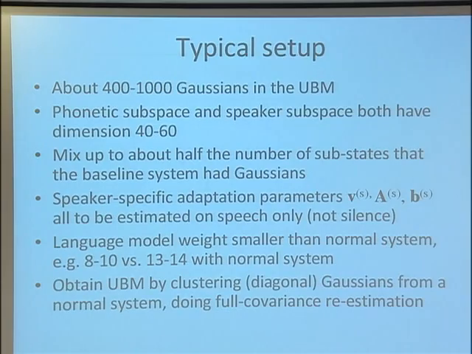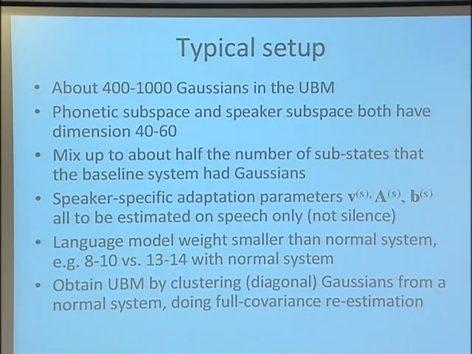That's what I've found and what we found generally to be the best. You'd have about 400 to 1,000 Gaussians in the UBM. That's the number I, the number of Gaussians in each substate. And you have a number of substates that would typically be somewhat less than the number of Gaussians in a well-tuned baseline system. If it's about half the number, that would be of the order of about a quarter of the number of parameters in your baseline.